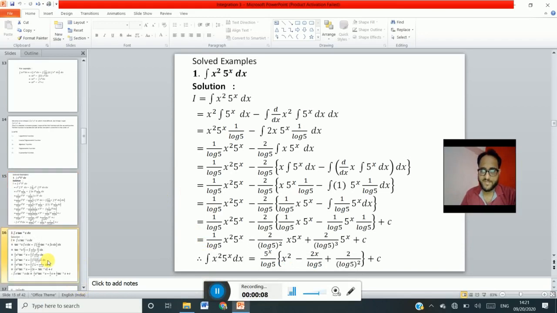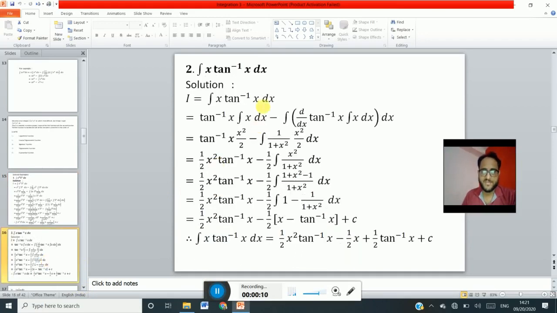Yes, the integration of x into tan inverse x, right? So again if we see, there is a product between x and tan inverse x, where x is an algebraic function and tan inverse x is an inverse trigonometric function. By using the LIATE rule, the inverse trigonometric function comes first before algebraic.